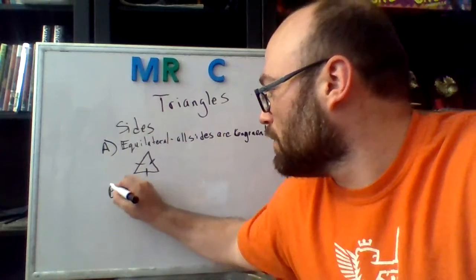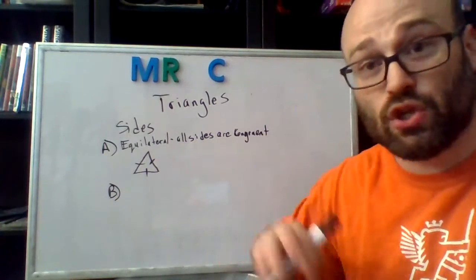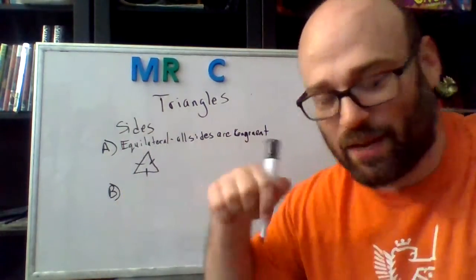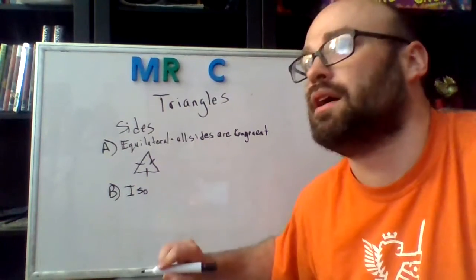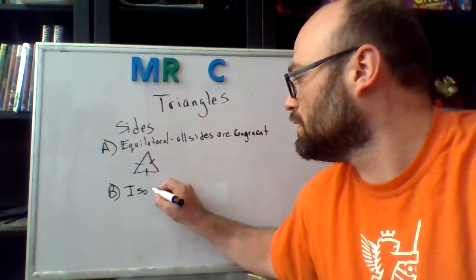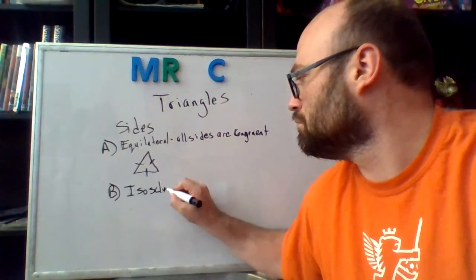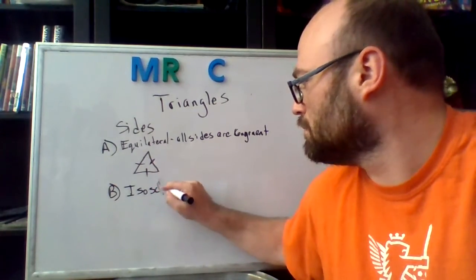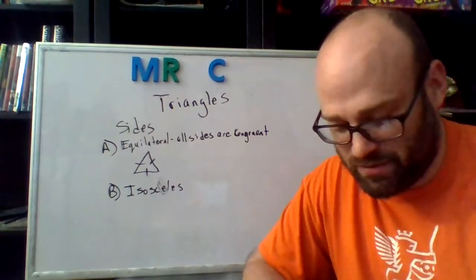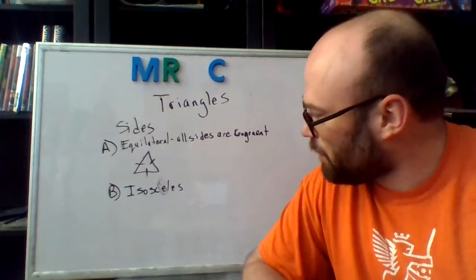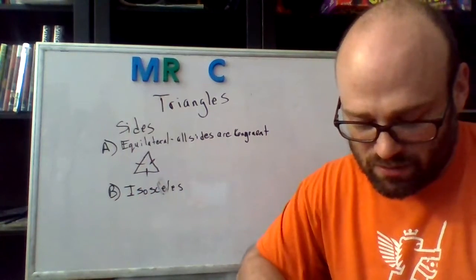Once again by sides, if two or more sides are the same, that's called isosceles. I think I spelled that correctly. Let me look it up real quick. I always want to know if there's two S's there or not.